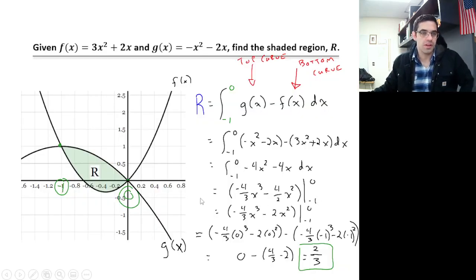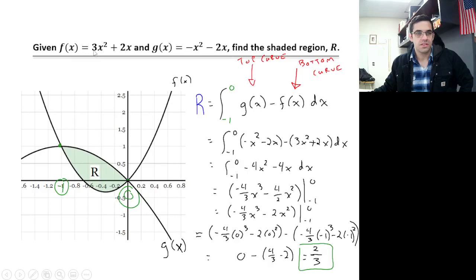So I want to integrate to find the area shaded in green. My a value, my starting intersection point, is when x equals -1. My b value, my ending intersection point, is when x equals 0. So we're going to integrate from -1 to 0.